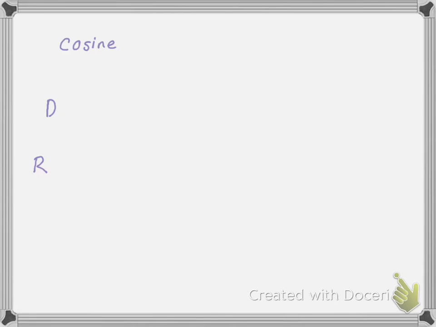Now let's talk about the cosine function. So our equation for cosine is y equals cosine of x. And when we're designing our cosine graph, we need to think about the unit circle. So we need to think about where cosine hits 1, where it hits -1, and where it hits 0. When we're drawing our graph, we're going to use a similar method.